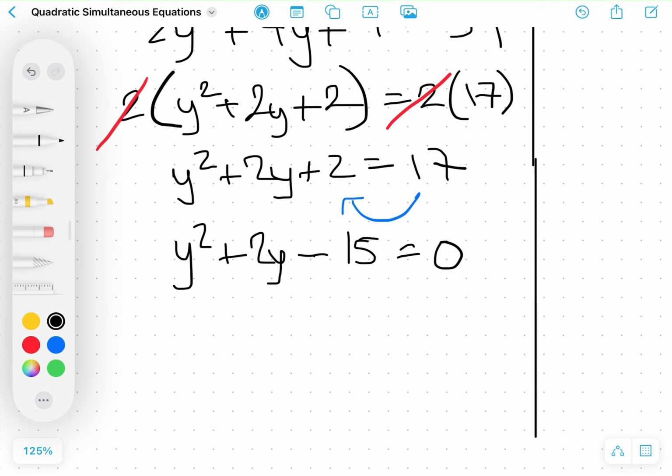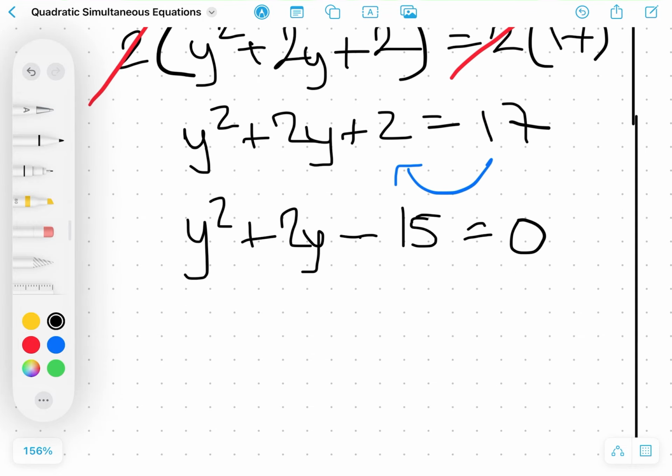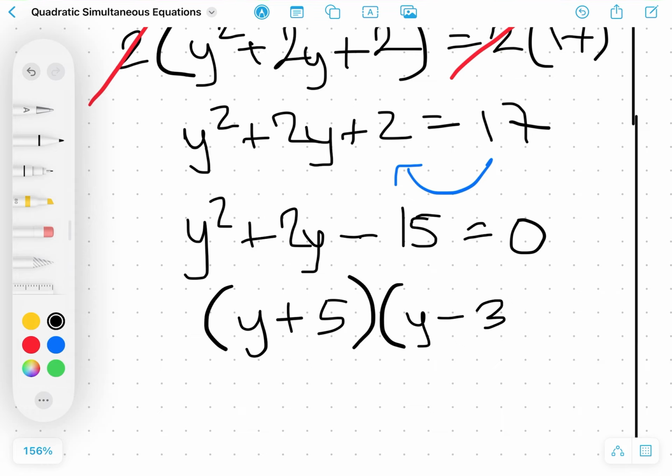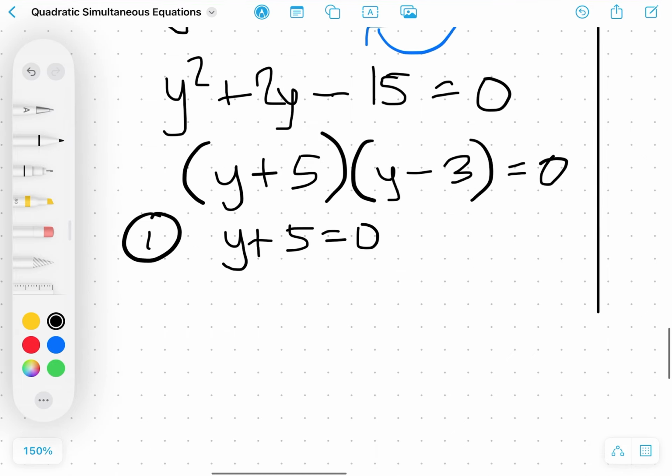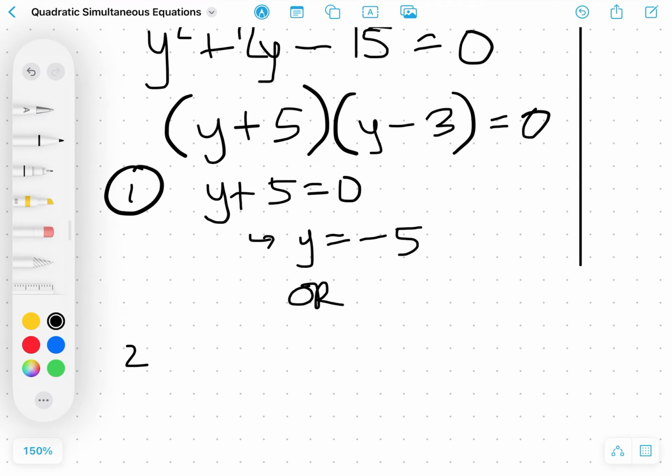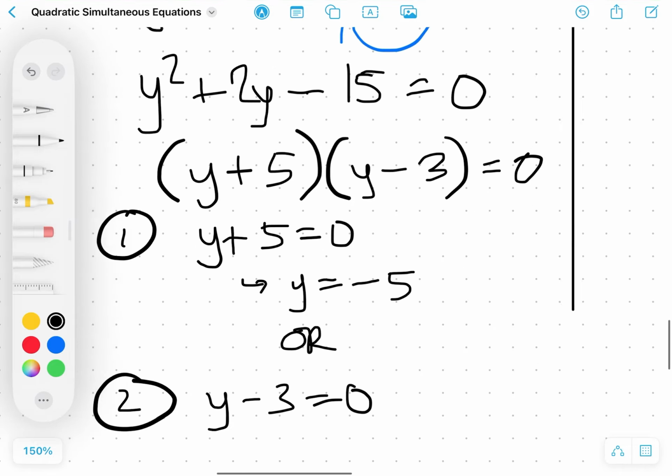Now this is a quadratic equation which you can solve either using the quadratic formula or by factorizing. If you factorize, you get (y plus 5) times (y minus 3) is equal to 0. So now either y plus 5 is equal to 0, which gives y as negative 5, or y minus 3 is equal to 0.